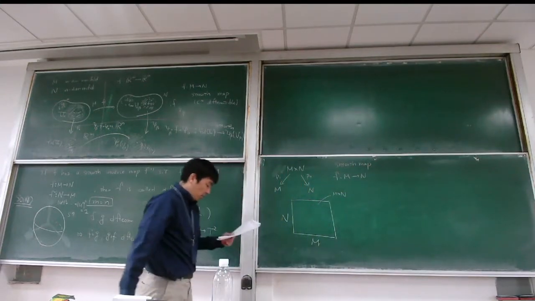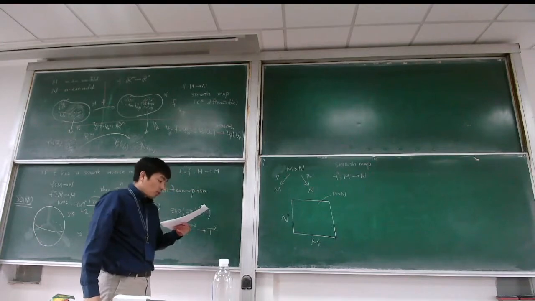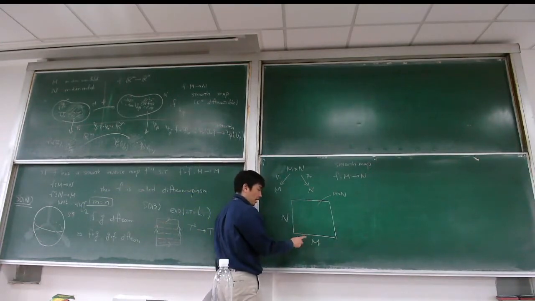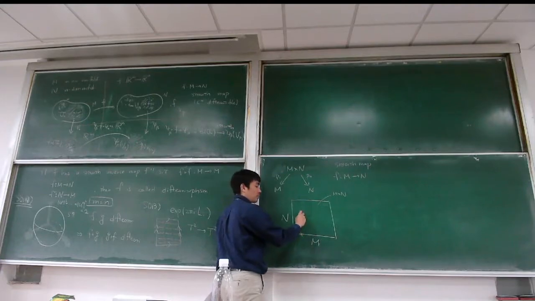And then one can construct a so-called submanifold inside M cross N in such a way that each point on M has a map to N. So this is a point inside M, and it's mapped to f of p in N.